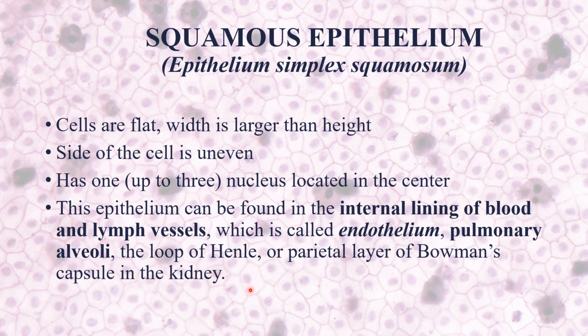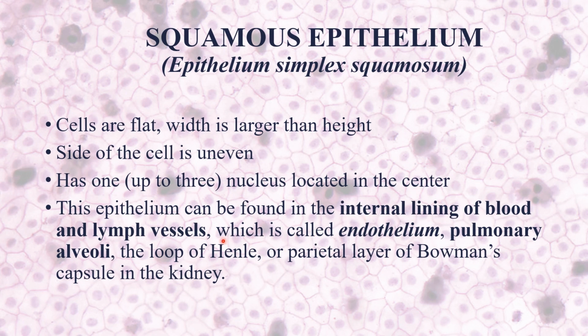Because this epithelium is so flat, it doesn't close up those lymph vessels or blood vessels, and osmosis can still happen and the diffusion of, let's say, oxygen or carbon dioxide can still happen because there's enough space for blood or lymph to go through and this epithelium to still do its purpose and what it is made for.